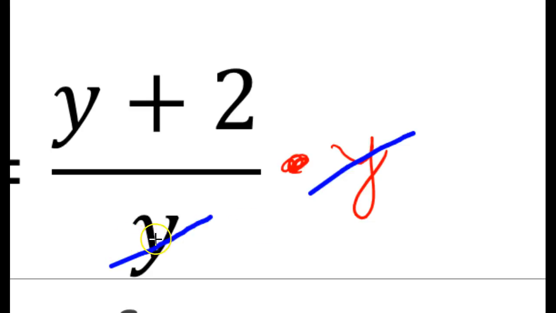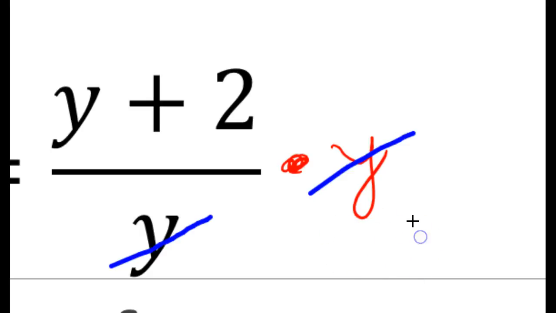Y times x is xy, and y times 1 is y. All we have to do now to get y by itself is divide by x minus 1. That cancels. So now we have our answer, which is y equals 2 over x minus 1.